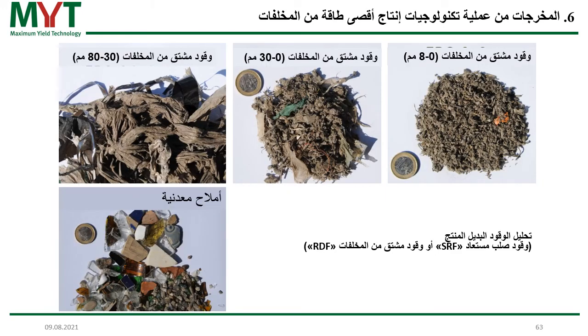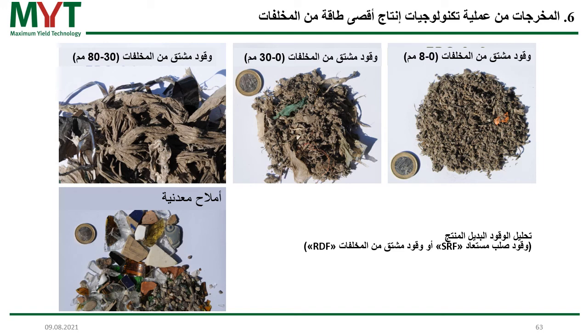So I give you more insights into the RDF. Like I told you, we actually create 6 different fractions of RDF. We have the very small RDF, 0 to 8 millimeters. It has a big biomass share. So if you incinerate this, you get CO2 certificates because most of this RDF is climate friendly and CO2 neutral.